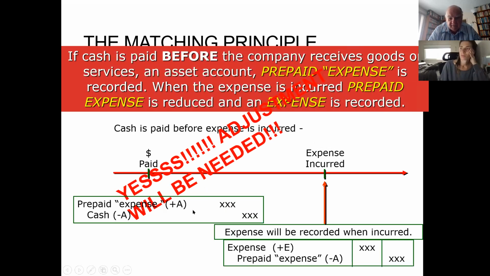We're going to debit the expense, whatever that prepaid expense might be. It could be prepaid supplies, insurance, rent, taxes, a lot of things. So this adjusting entry is going to be a debit to the expense and a credit to that asset. You're using that asset up at the rate of $1,000 a month.